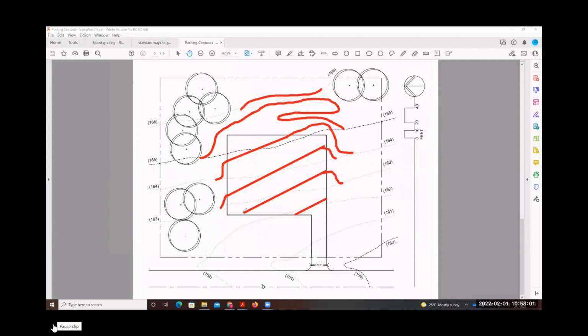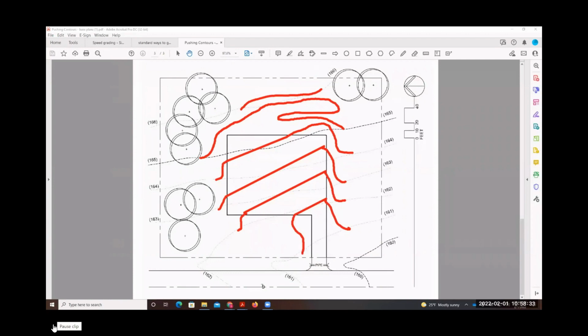And so through the process of pushing contours, you will discover, I think I cheated there, this one down to here, down to here. You will discover what works well and what doesn't work well through pushing these contours. Does that make sense? So we just did 3 different solutions on this little parking lot.